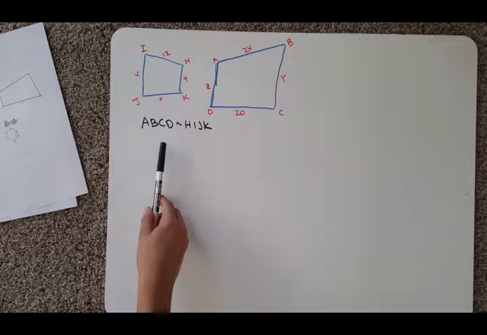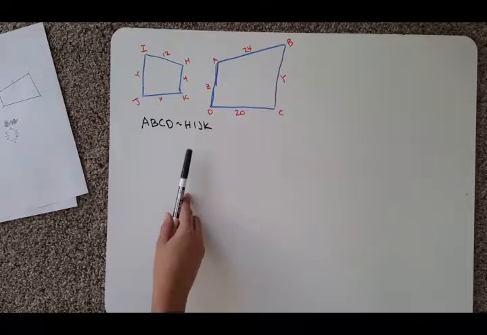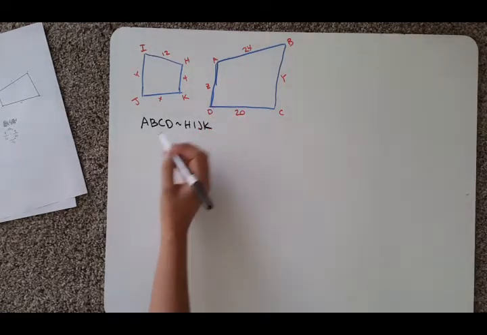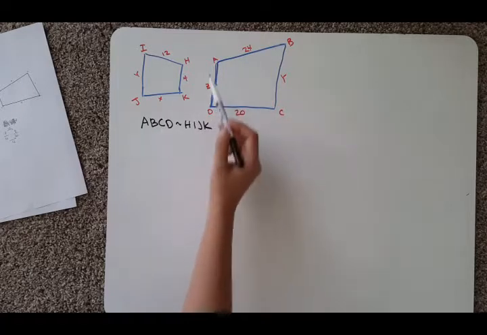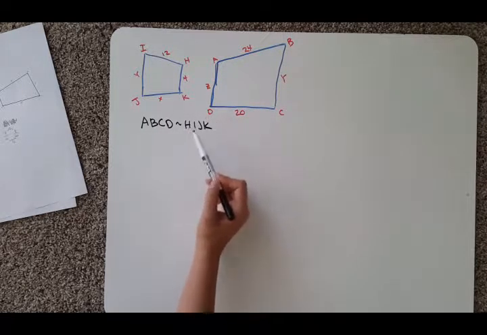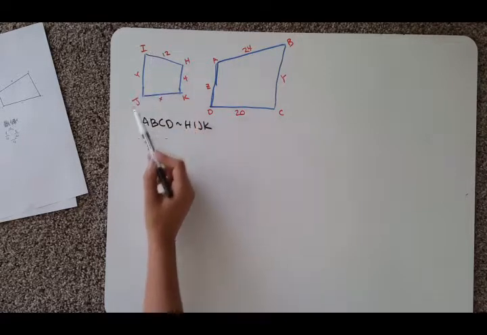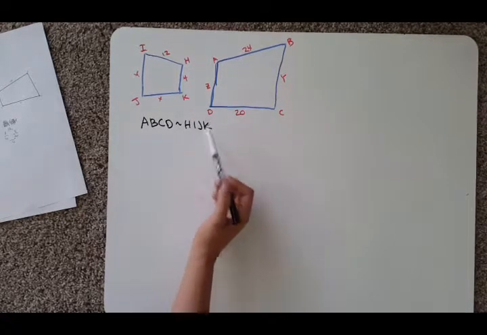So we learned in class that the order is important. So that means A and H come first. So when you follow this order, you go around this way. When you follow this order, you go HIJK. So B to I, J to C, K to D.